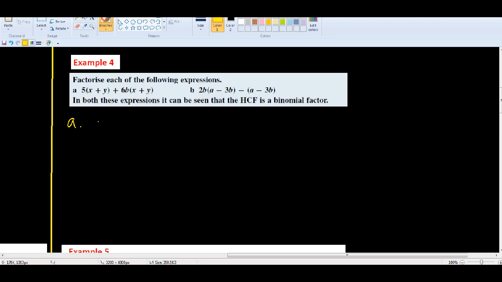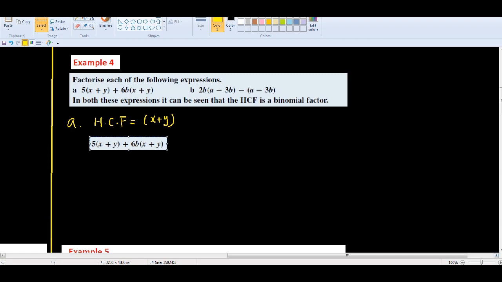There's no common factor in 5, there's no common factor in b, but for the brackets x plus y, they are the highest common factor. So the factorization will turn out like this.